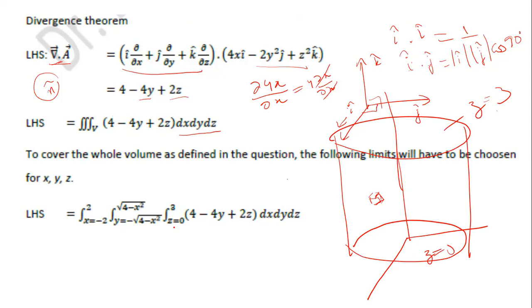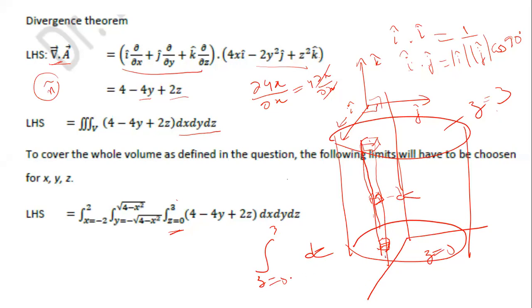If you perform integration from z equal to 0 to 3, that means you are summing this small box along this direction from z equal to 0 surface up to z equal to 3.